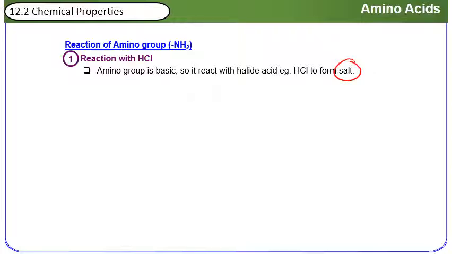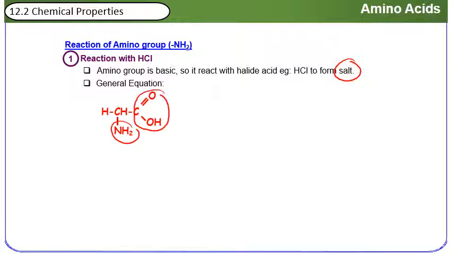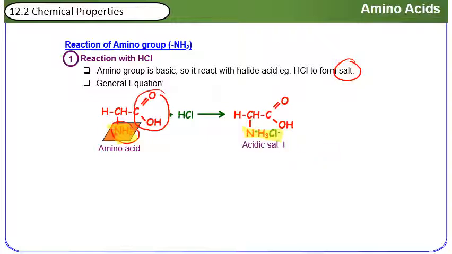So let's look at the equation, starting with the general equation. Let's say we have the amino group and also the carboxyl group, but only the amino group will react with the HCl, and in the end they will form NH3 plus Cl minus. Another equation over here, the same case happens.